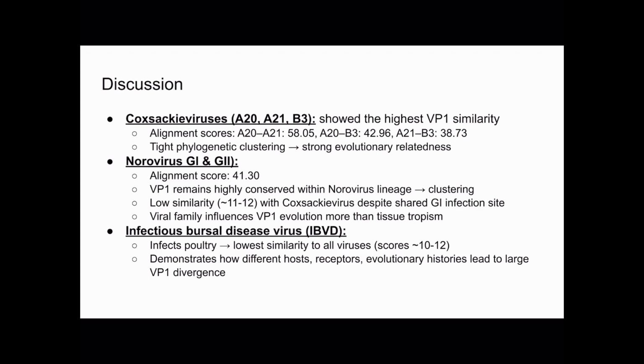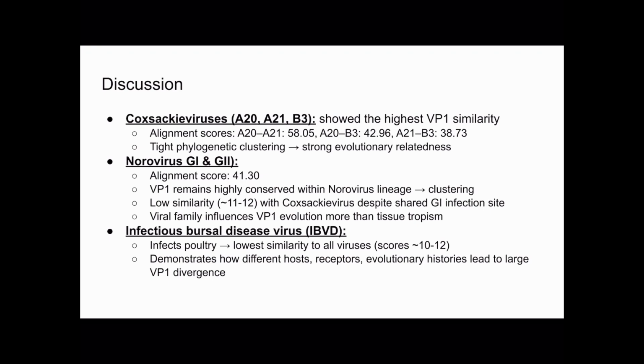Similarly, norovirus strains showed moderate similarity to each other with an alignment score of about 41, reflecting VP1 conservation within the norovirus lineage. This indicates strong evolutionary relatedness within the respective viral families. However, there was a very low similarity score of about 11 to 12 between norovirus and Coxsackie virus, despite both targeting the gastrointestinal tract.